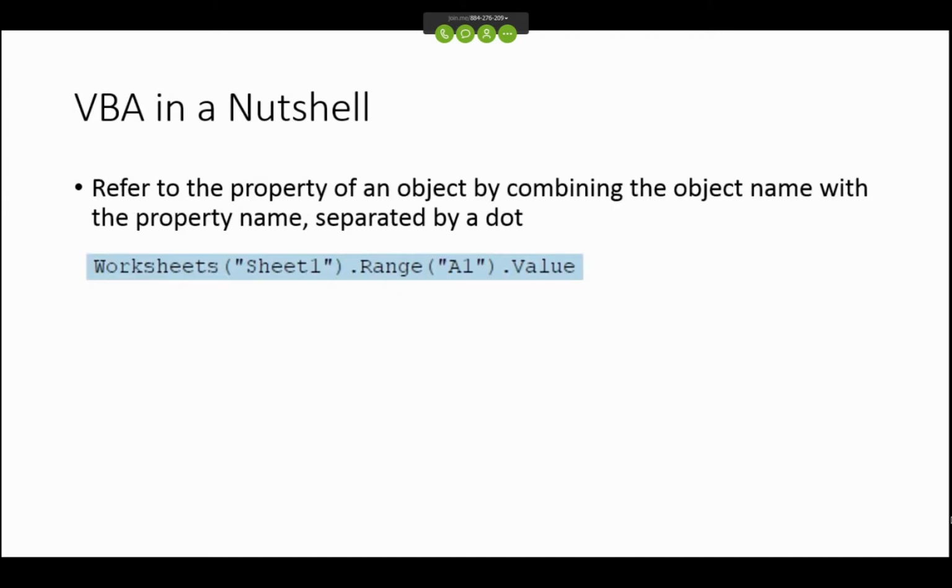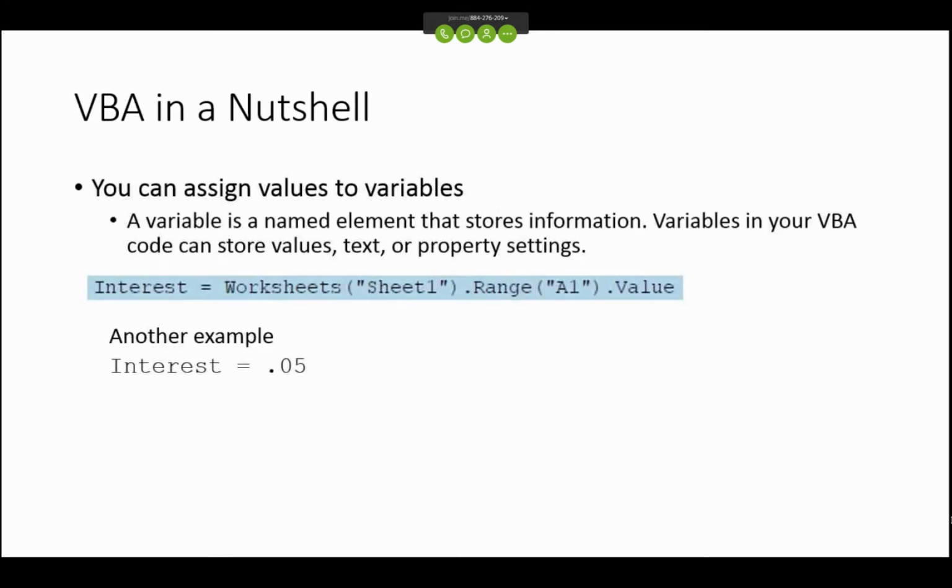When you're coding and you add dots, you can see a list of all the properties. Usually a list of properties will pop up, so you can see what the properties of the object are. So here I am assigning the value property of range A1 to some variable called interest.